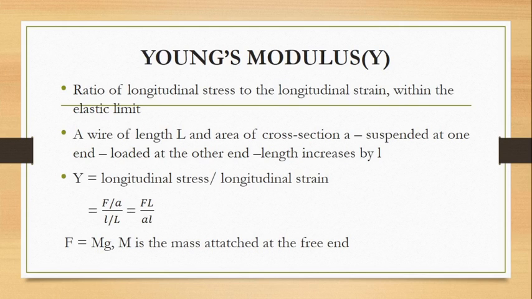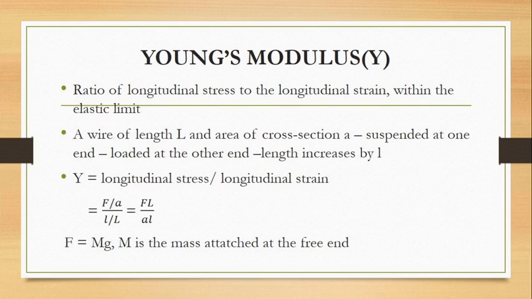So here we can consider a wire of length capital L and having area of cross section small a, and this wire is suspended at one end and it is loaded at the other end. So what happens when this wire is loaded? Its length gets increased, and that length increases by small l. So how can we write Y? Y is longitudinal stress by longitudinal strain.